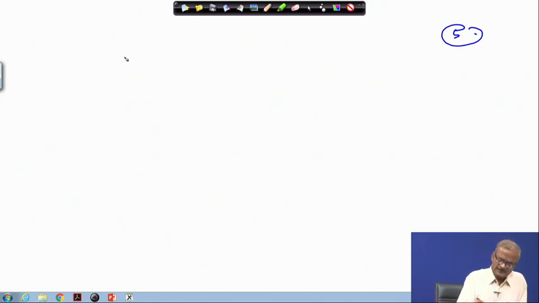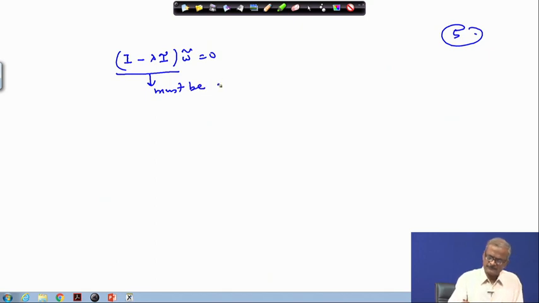So, we will particularly explore this expression. What we see is that for our problem to be tractable, this must be singular. Okay. So, for a non trivial solution, the determinant of this must vanish.